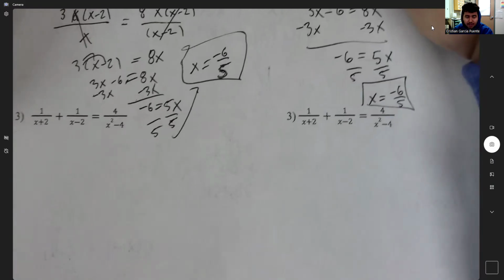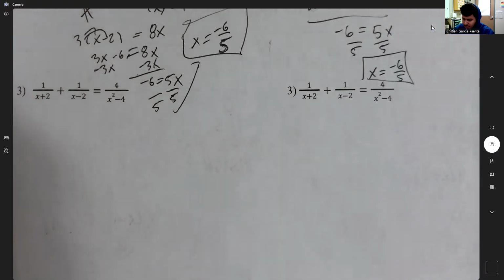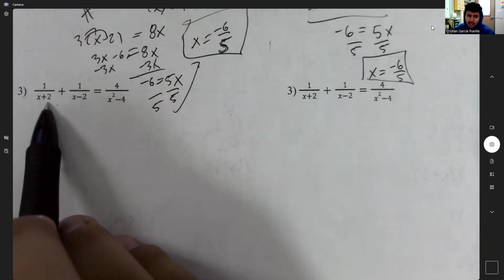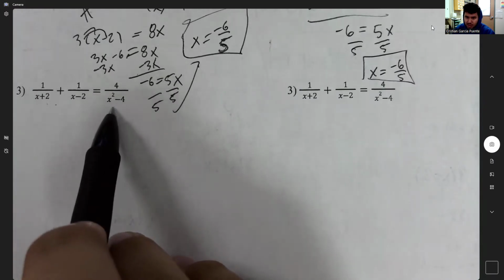Okay, over here, for the LCD, you'll do the same thing. A little tip, at least in this class: for your LCD, you could factor this out, but here I'm going to rewrite this factored already. So this problem is just 1 over x plus 2 plus 1 over x minus 2, and that is equal to 4 over x plus 2 times x minus 2.